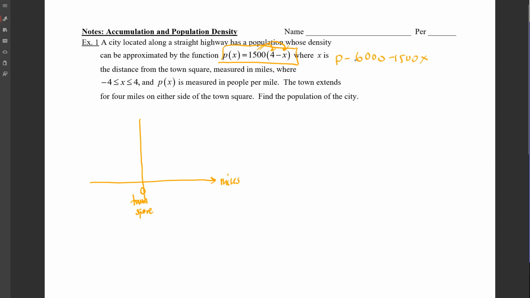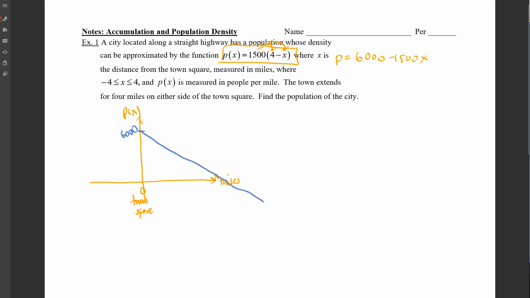So this is what my p function is equal to with respect to x. If I graph my p function with respect to x, you can see it's a linear function with a negative slope, and 6000 here would be my y-intercept.